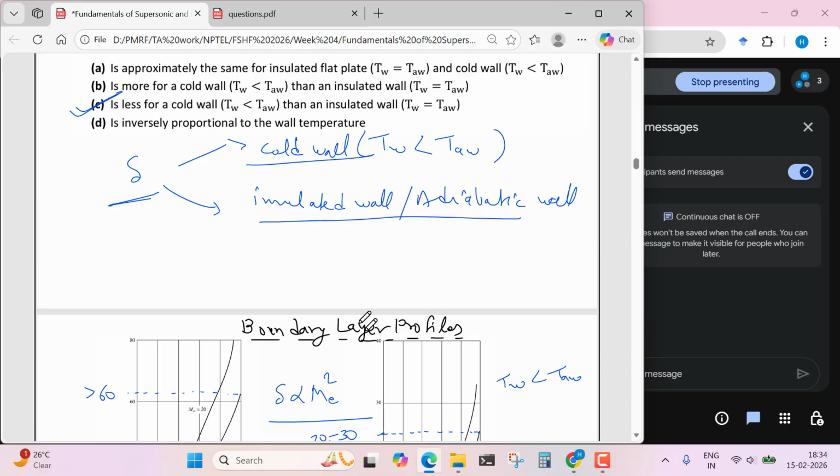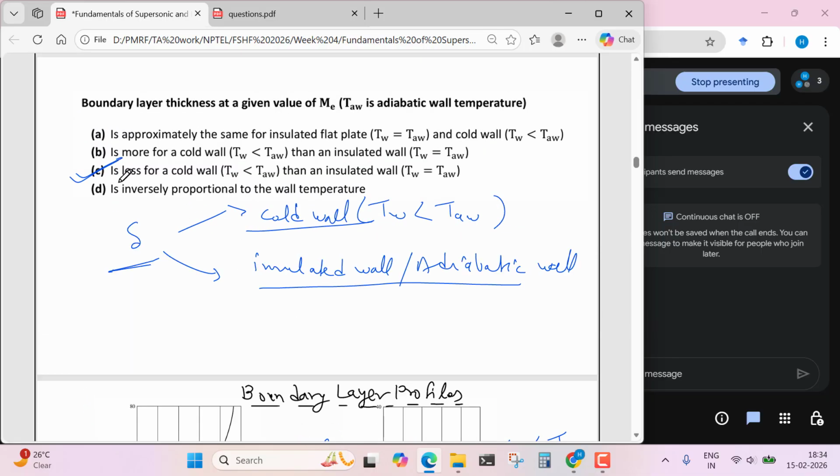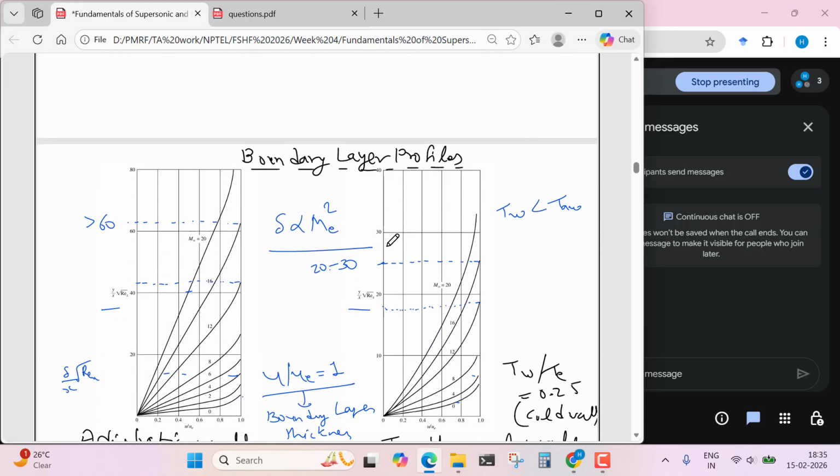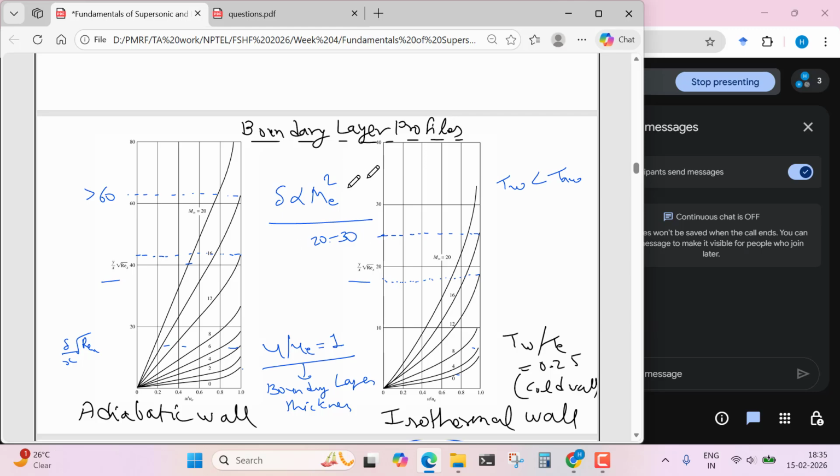So the answer to our problem is very straightforward. Boundary layer thickness is less for the cold wall than for an insulated wall. But now the question is why? Because as Mach number increases, boundary layer thickness increases for both cases, but the rate of increment is different. There is no heat transfer in the adiabatic wall between wall and flow, and for the isothermal wall there will be heat transfer from flow to wall.